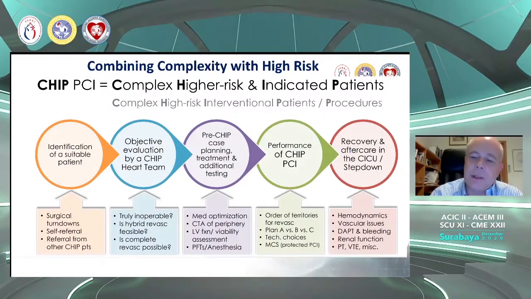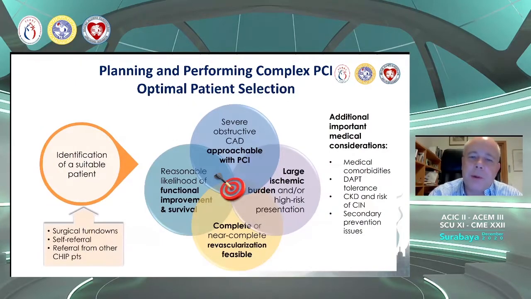And of course, you have the recovery and the aftercare and the step down. Make sure there's no bleeding, especially if you've used large bore devices such as ECMO or Impella to support you in the procedure.